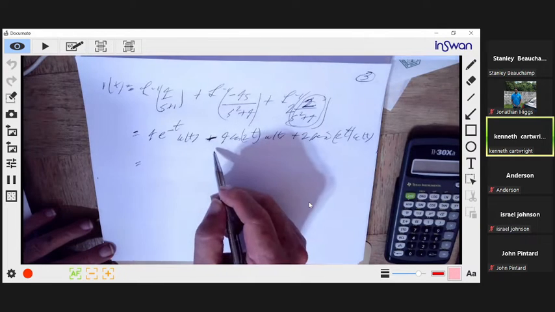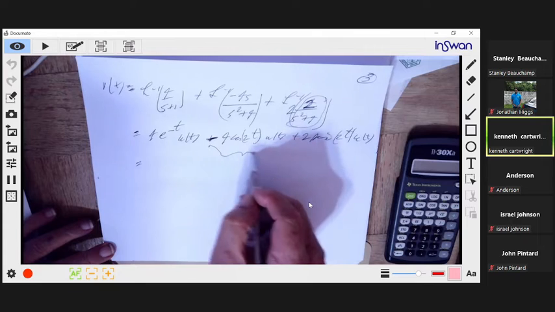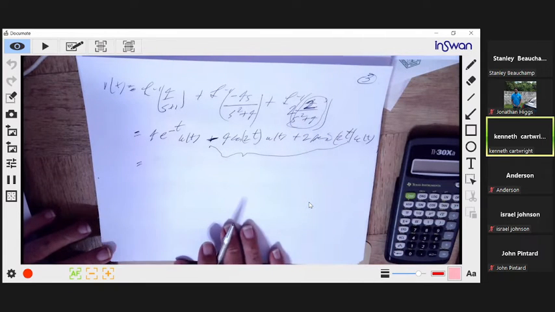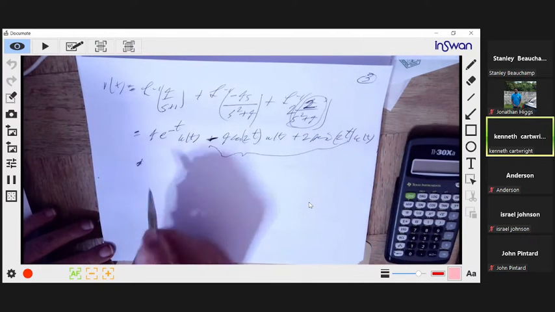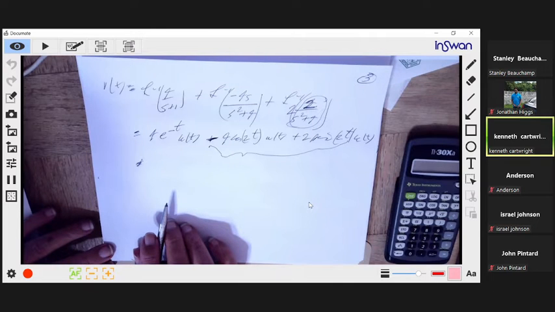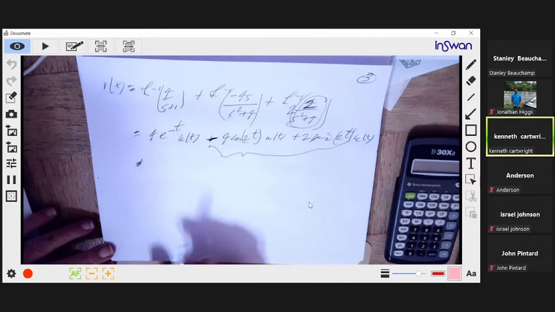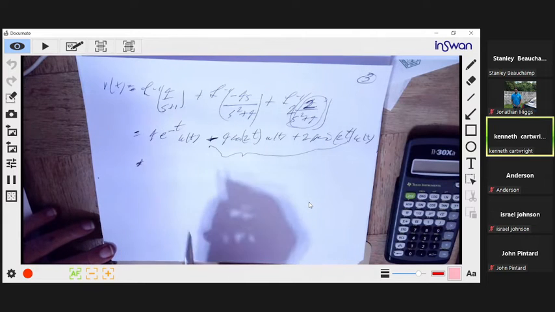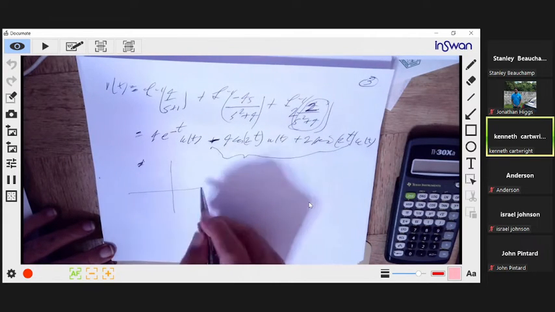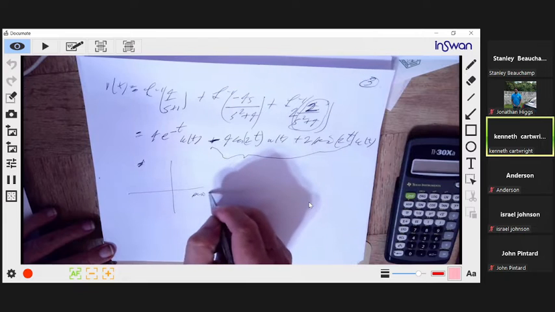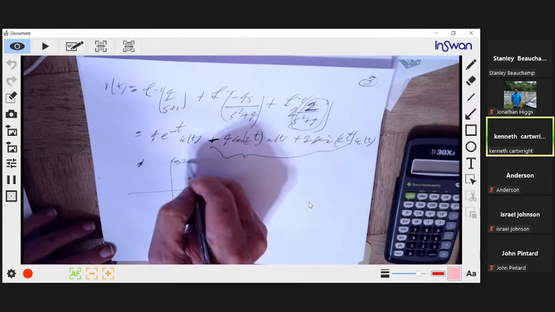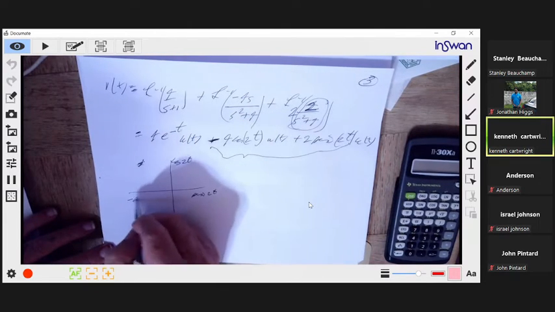Now let's write this here as one sinusoid. I showed you how to do this. You need to know how to do this. Okay. I told you this is sine 2t. This is cosine 2t. This is minus sine 2t.